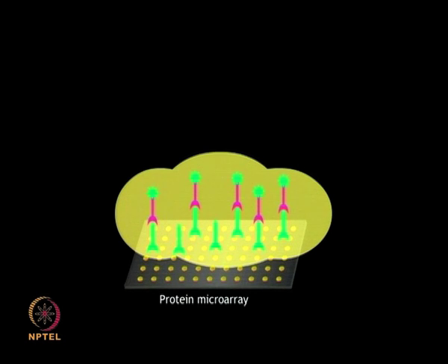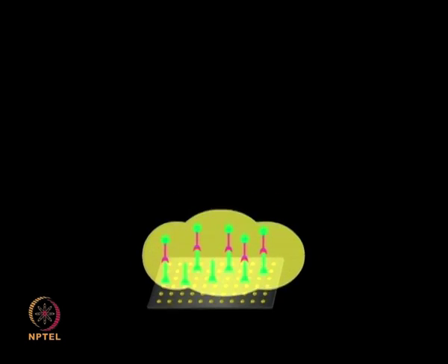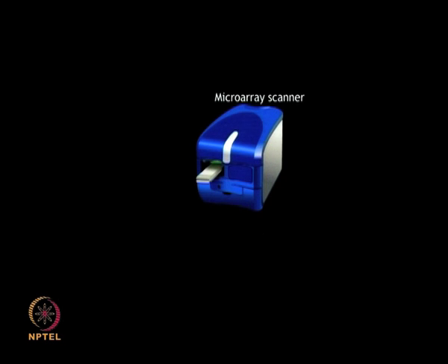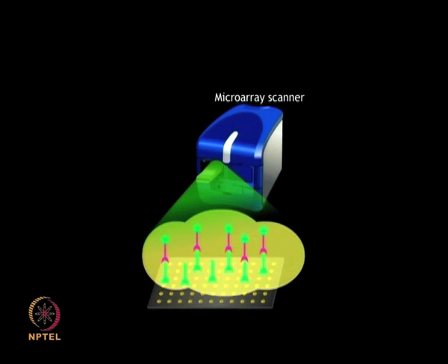After the overnight step, the array was washed with PBS and detection was carried out by using Cy5 labeled secondary antibody. The excess detection antibody was washed off, the array was dried and then scanned by using a microarray scanner.